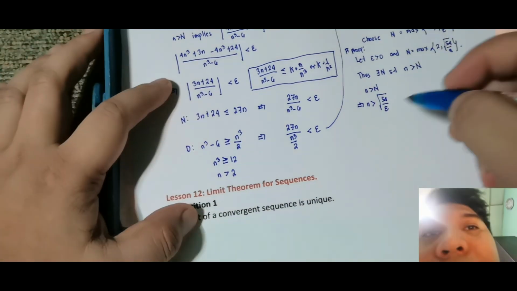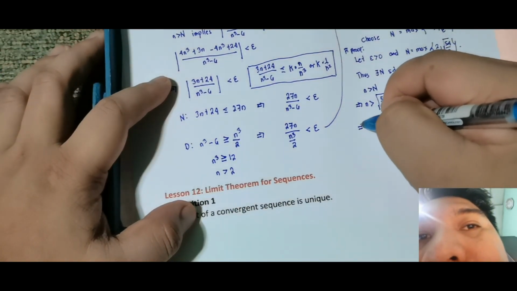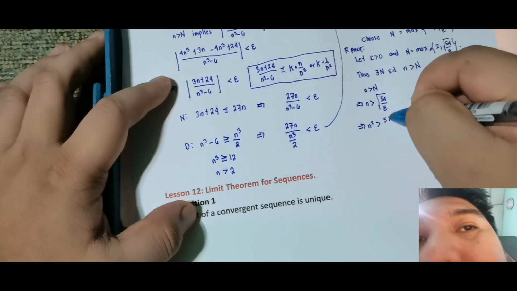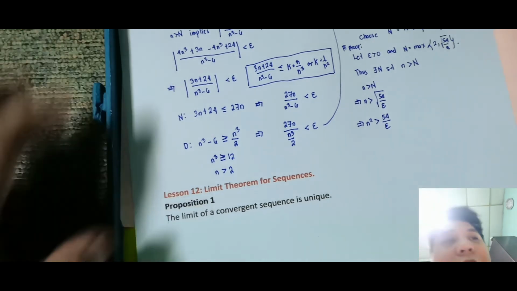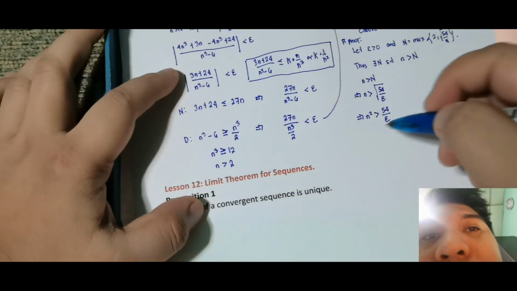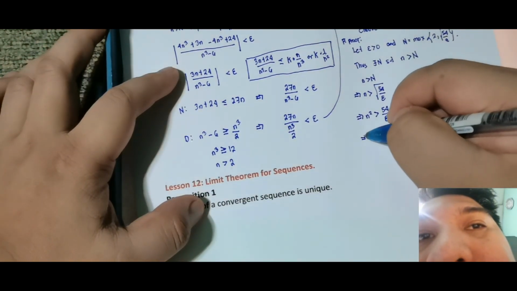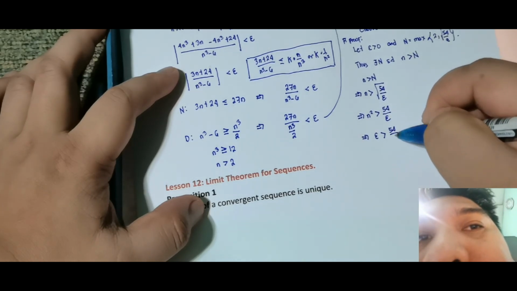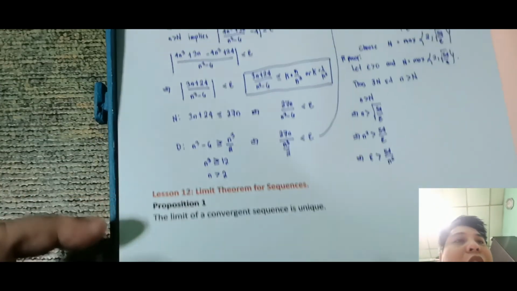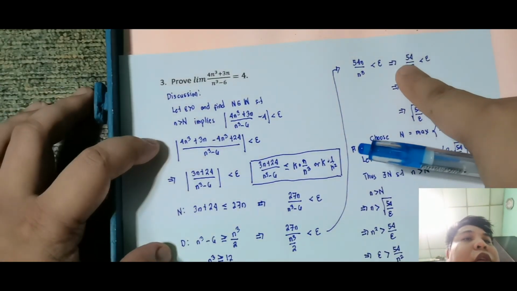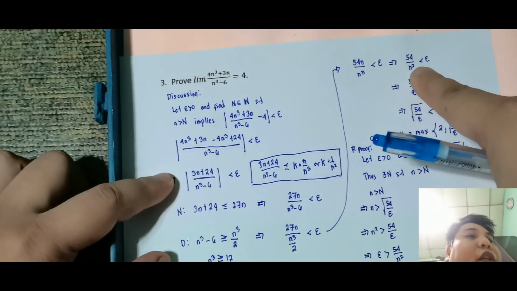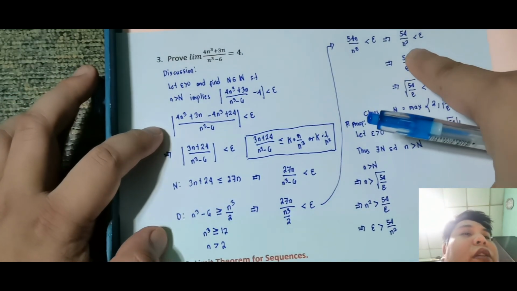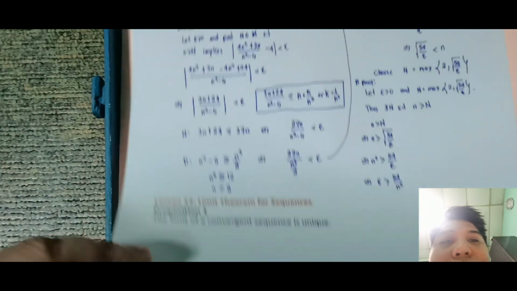So, pag revert back ko, that is, this implies that n squared is greater than 54 over epsilon, or simply that is epsilon greater than 54 over n squared. So, meaning, bumalik na ako dito. Okay na ako dito kasi nga, gumamit ako ng mga upper bound saka lower bound. So, since nakabalik na ako dito, pwede ko nang i-conclude.